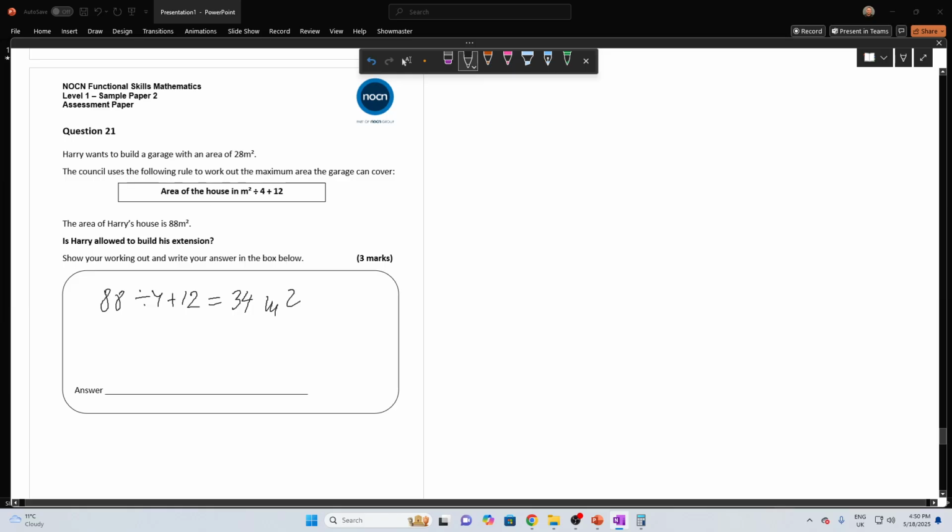And how much does Harry want to build a garage with? The area of 28 meters square. The council rule gives the area the garage can cover, so yes, it must be supported. So yeah, the answer is yes. He can build his garage.